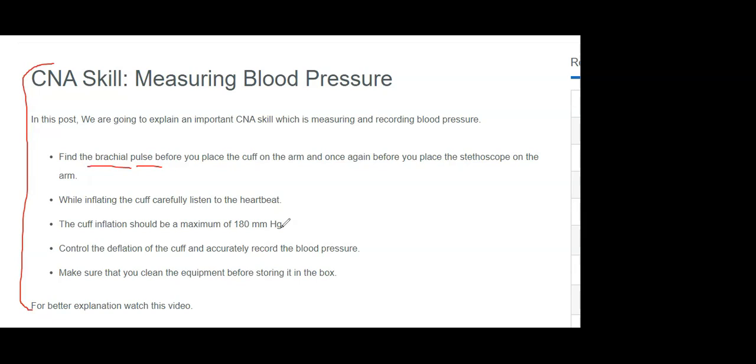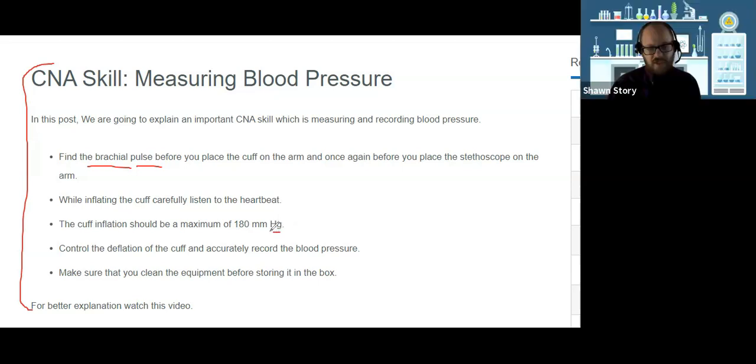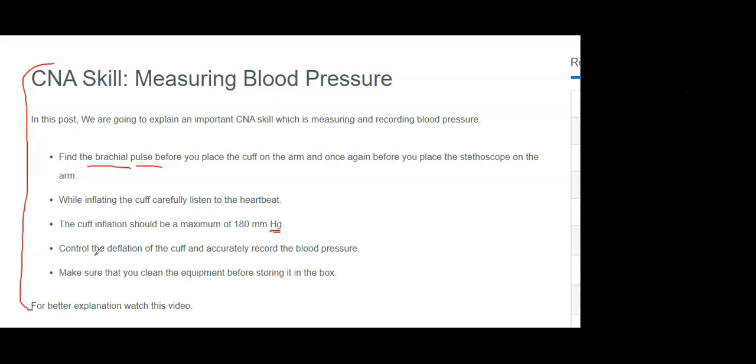While inflating the cuff, carefully listen to the heartbeat. The cuff inflation should be a maximum of 180 mmHg. Control the deflation of the cuff and accurately record the blood pressure.